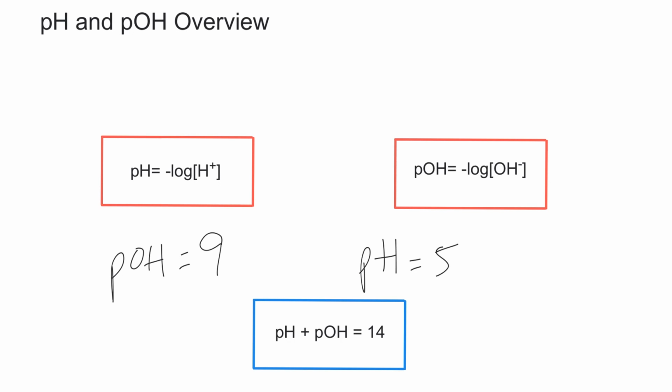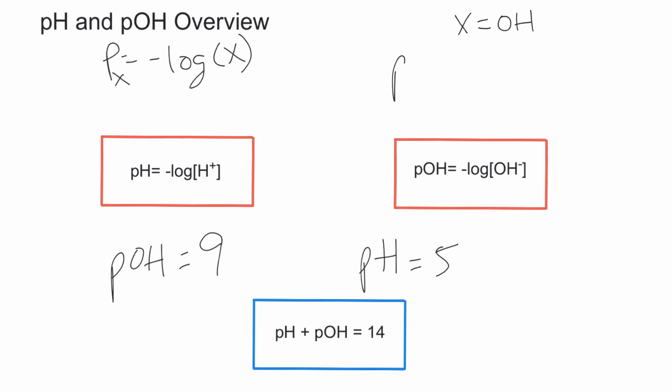Now, as we saw with pKa, a trick to remember the formula pH is equal to the negative log base 10 of the hydrogen ion concentration is to associate the P with the negative log base 10 of something, let's say x. So this would indicate the px. Let's say you want to remember the formula of pOH. All you have to do is say that x is equal to OH, and then you plug it into that.